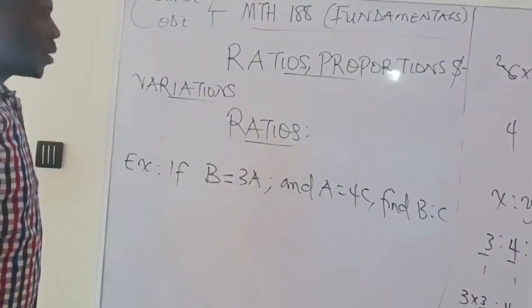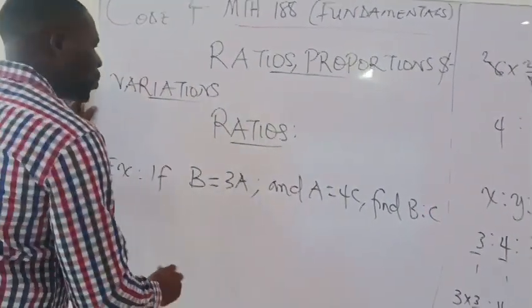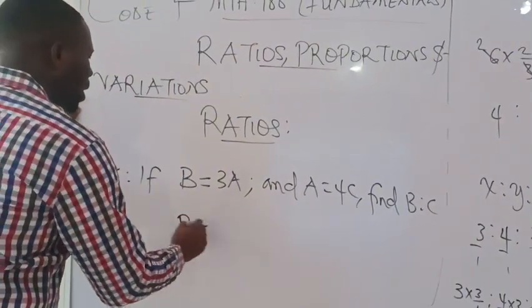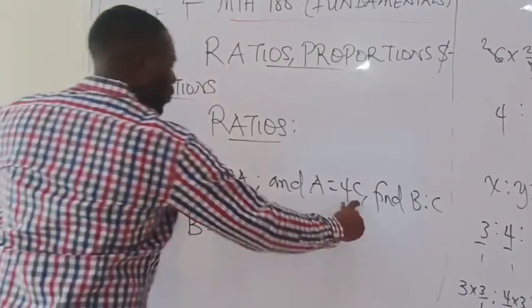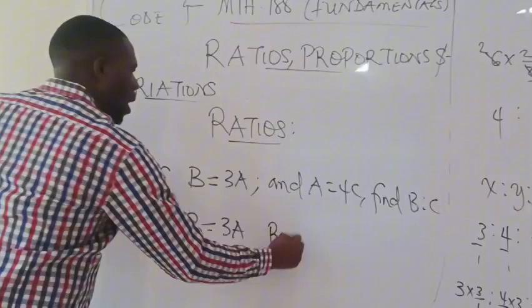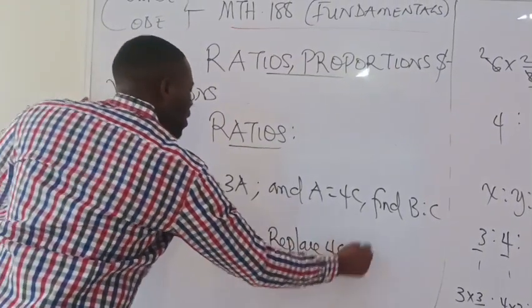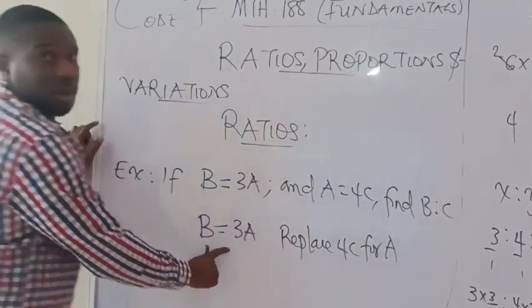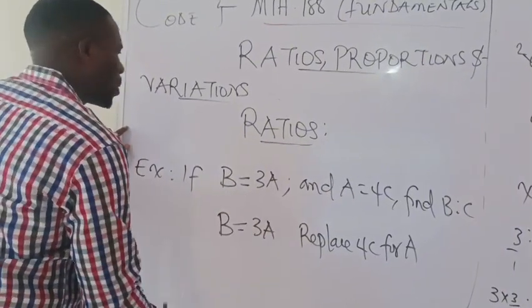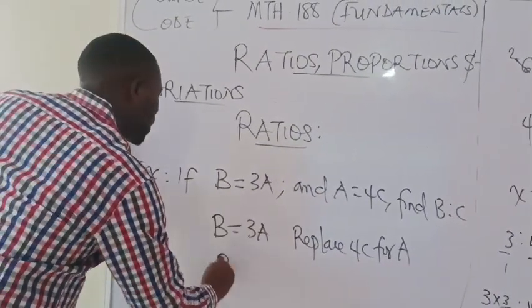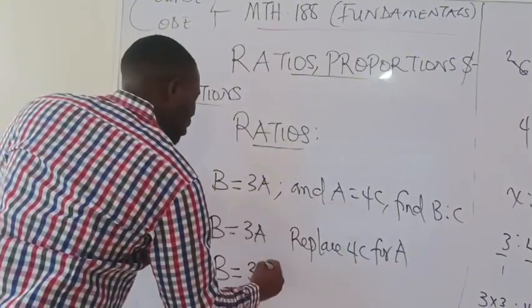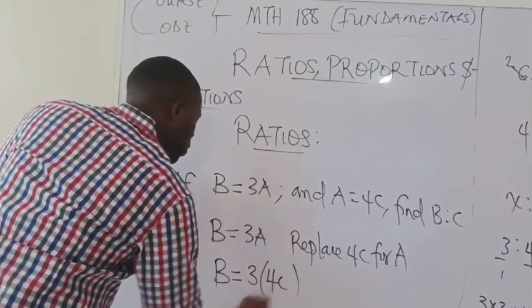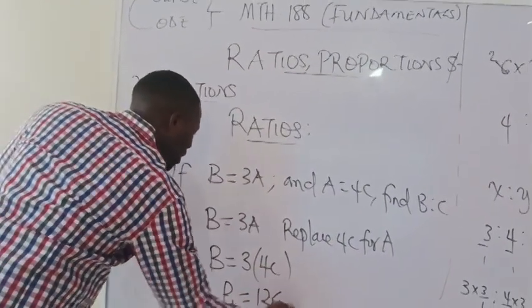So what we'll simply do is this: b is 3a, but I know a is 4c, so I could replace a with 4c in this first equation. So b becomes 3 times 4c, so b becomes 12c.